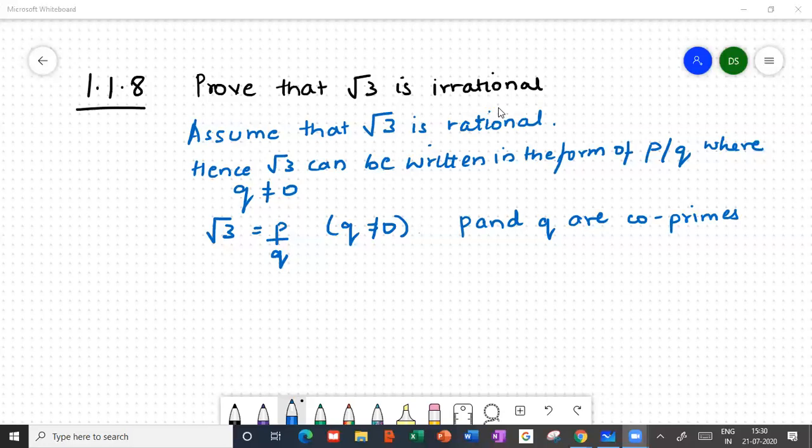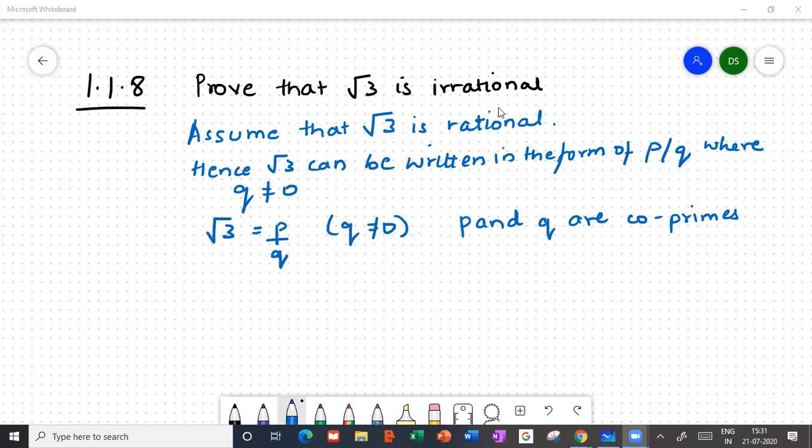So I was just clearing that out. Once we assume that root 3 is rational, the fact that it can be written as P by Q is based on the fact that we are taking it to be rational, right? So saying that P and Q are co-prime is also part of our assumption.